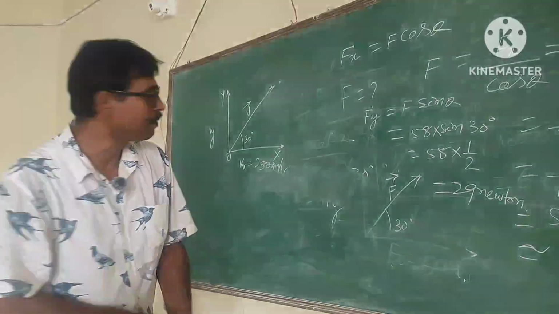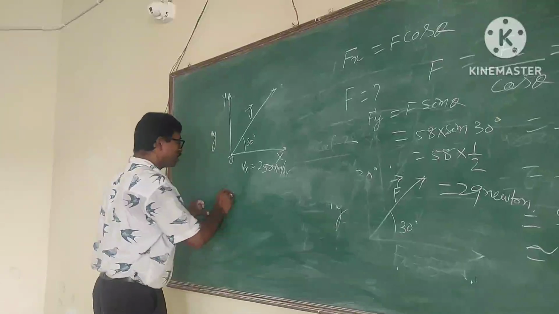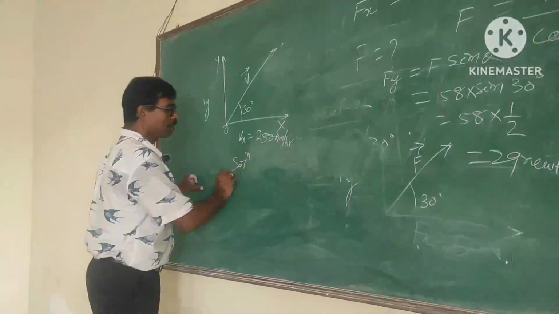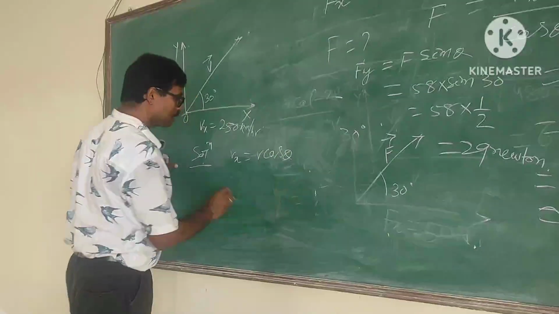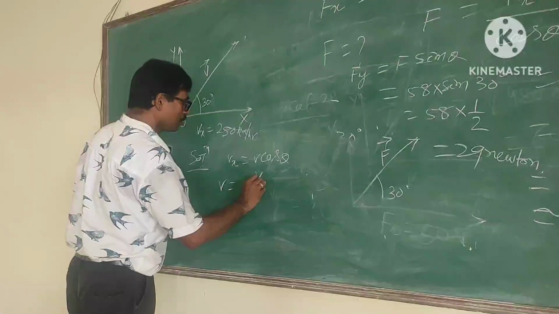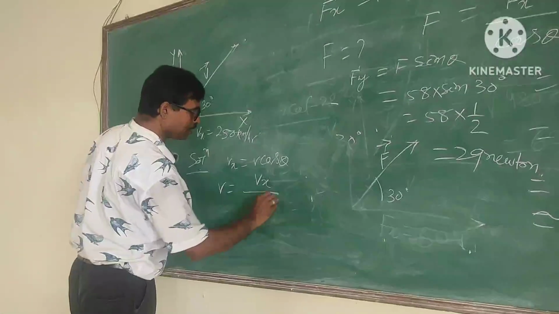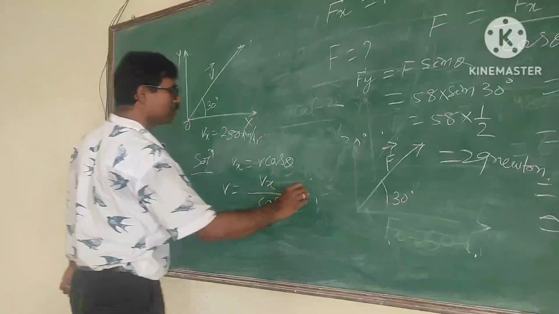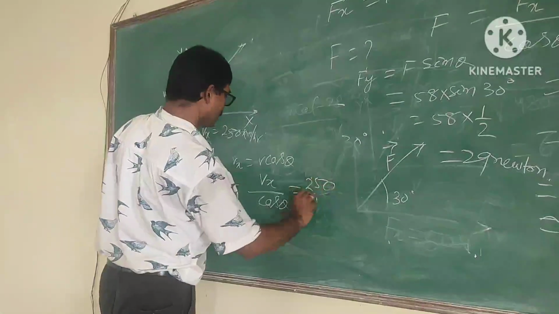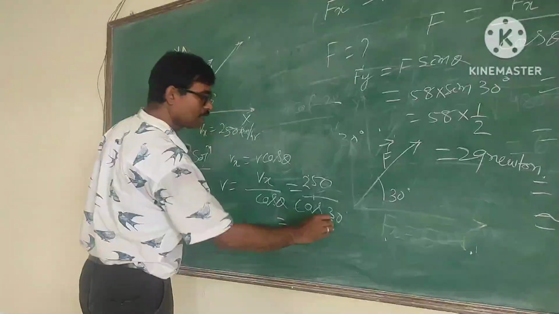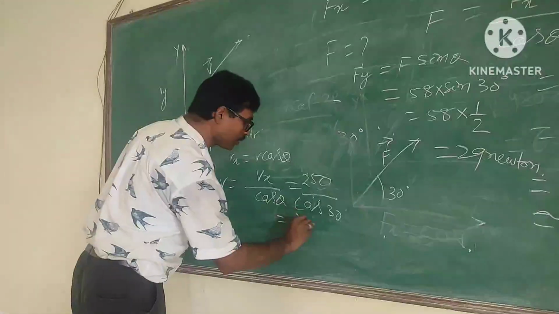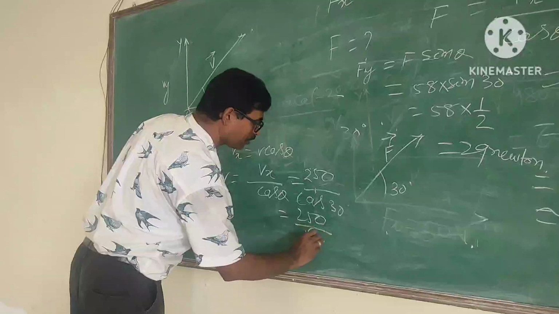Now you tell, Vx is equal to V cos theta. Same method, so V is equal to Vx by cos theta. Vx is equal to 250, cos theta means cos 30. So it is 250 divided by root 3 by 2.